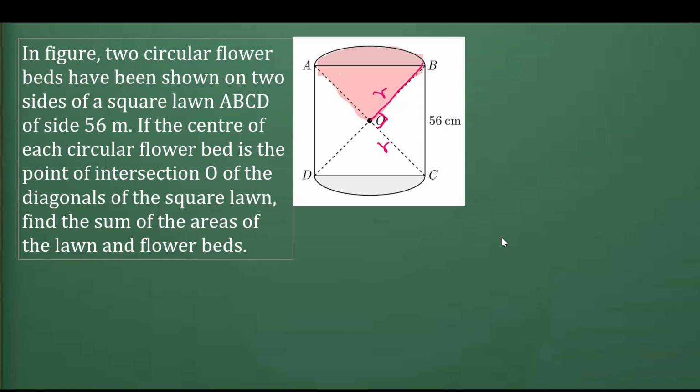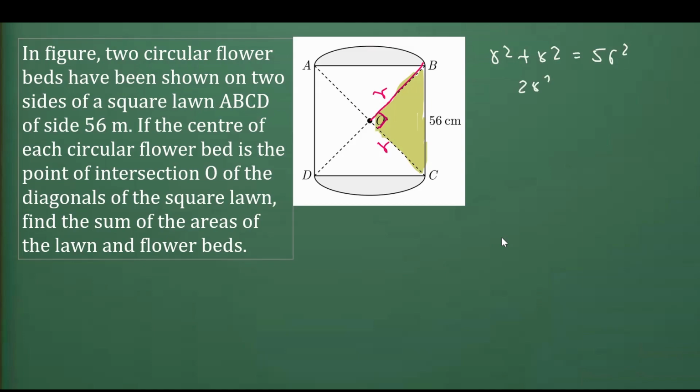Now to apply this property, I'm just considering this triangle. Look into the triangle I'm talking about. Check here, it's a right angle triangle, right? As you know, the diagonals of a square and a rhombus bisect each other at 90 degrees. So what you can see from the figure is that r square plus r square is equal to 56 square.